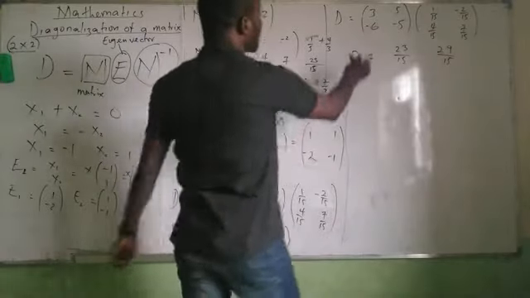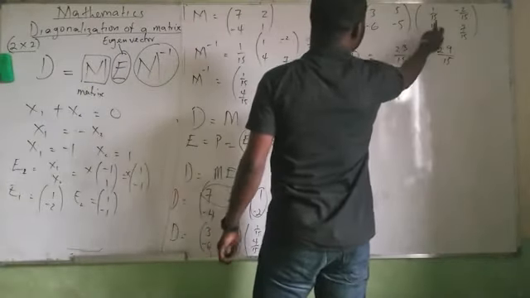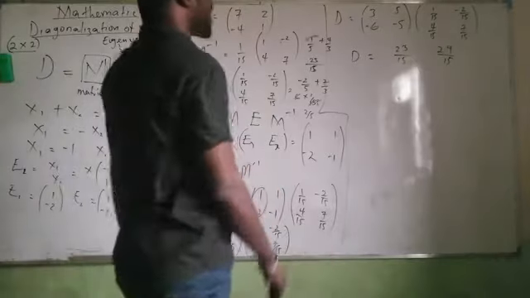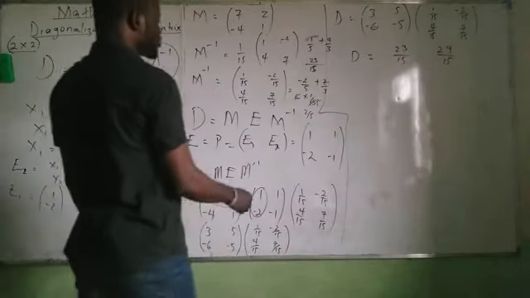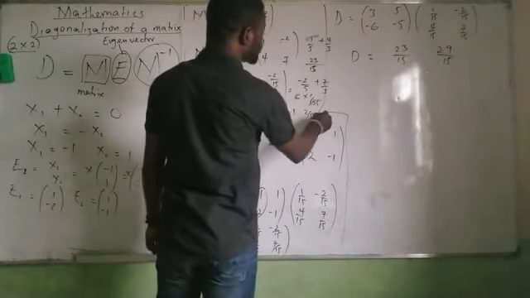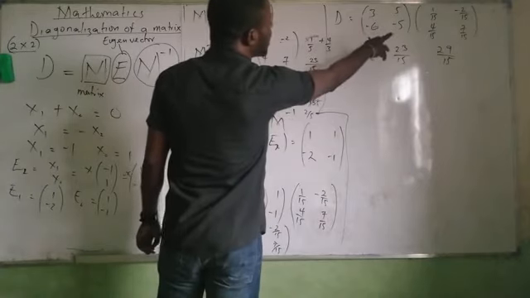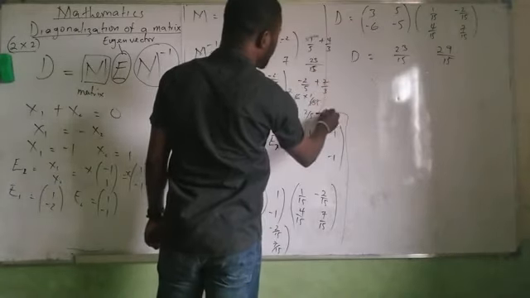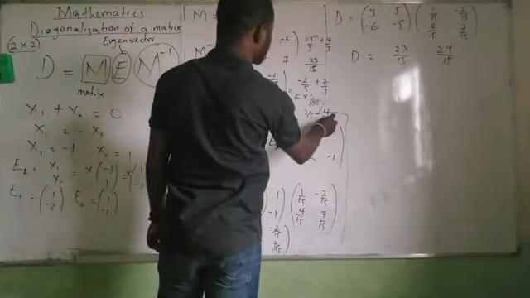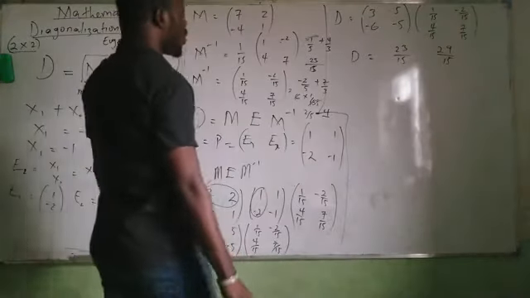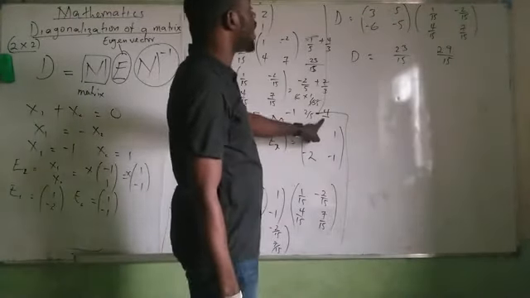And this multiplied by this, it means I'll be having minus 4 all over 3.